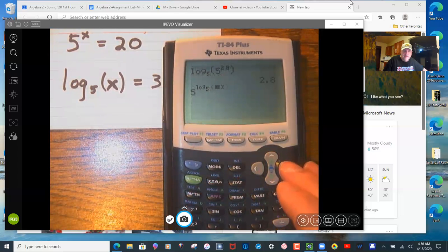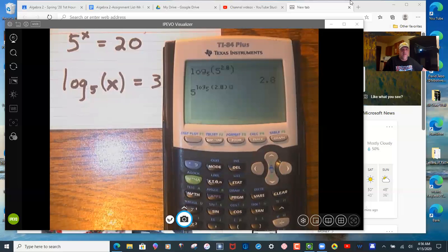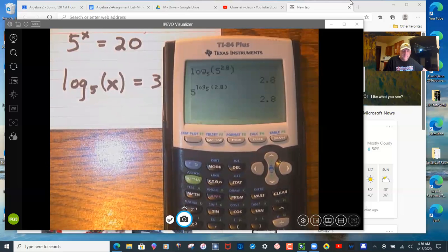Log base 5, and now instead of x, I'm just going to let this be 2.8. And I should see 2.8 on my screen again if I did this right. There it is. Okay, now in the work, it's going to be x. But that's how you get at solving an exponential and solving a logarithm.